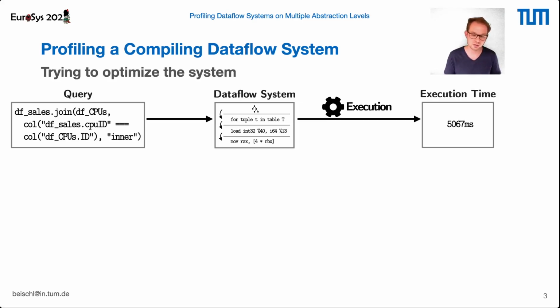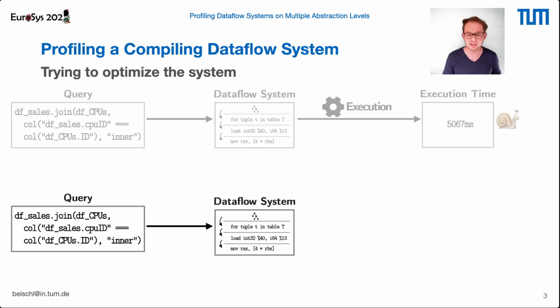Then we execute this generated code to actually run the query, but for some reason it's not as fast as I would have expected. As a good engineer, I now want to figure out where my time got lost, so therefore I execute my query again, but this time I profile the execution of the generated code using perf. And now hopefully perf will tell me exactly where my time was spent, so I can tune my system again to make my query super fast.